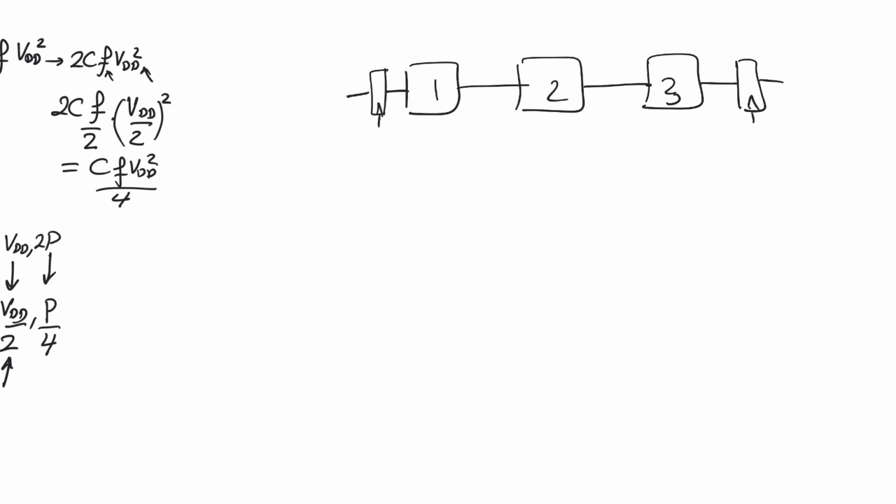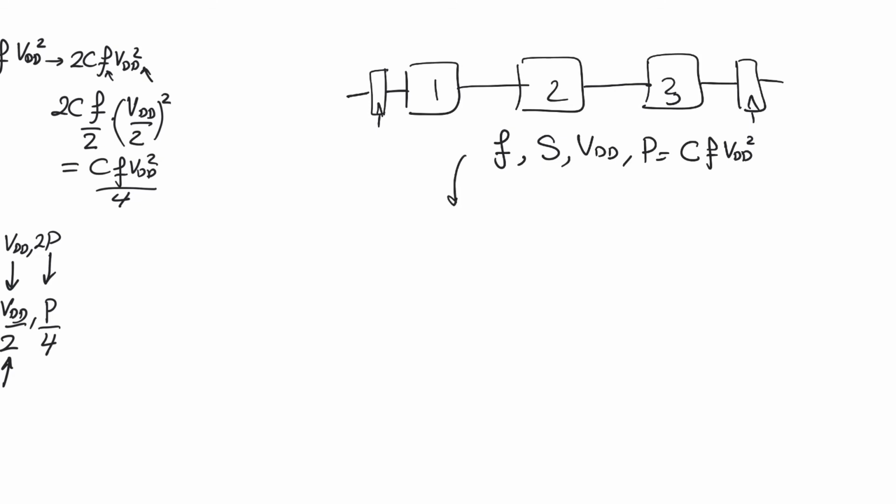This pipeline operates at a frequency F, producing a throughput of S, operating from a supply VDD, and consuming a power P, which is equal to alpha C F VDD squared. Now, what is C in this case? C is the total amount of switched capacitance at the outputs of each of the logic blocks. It is the total capacitance that is being switched on average in this pipeline.